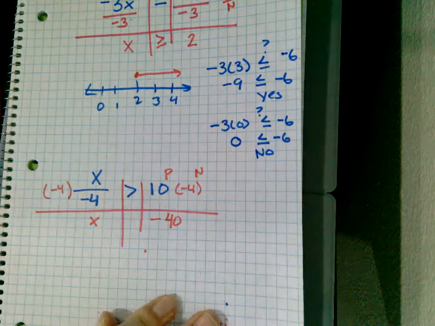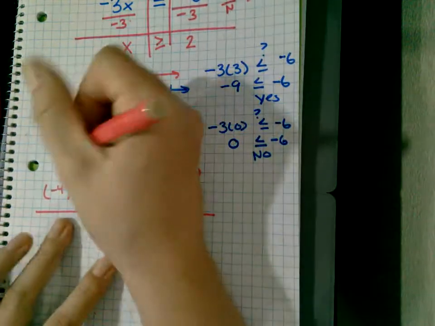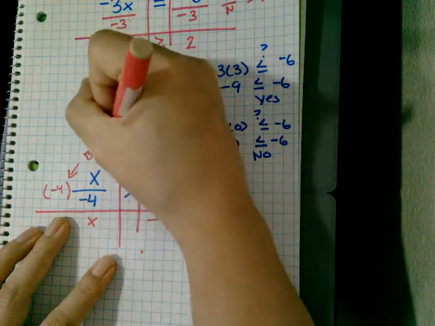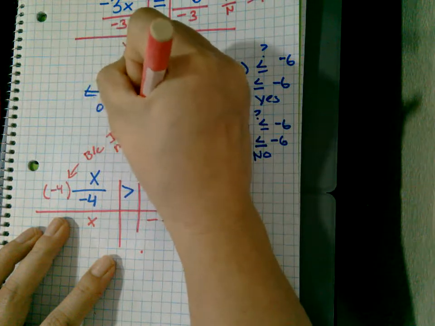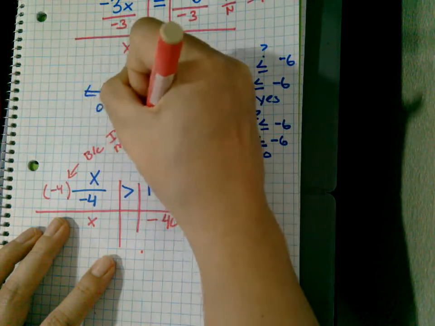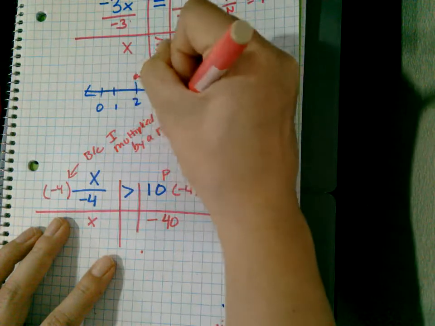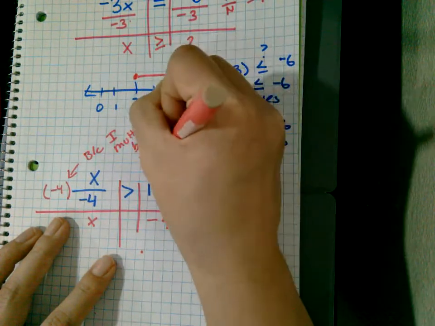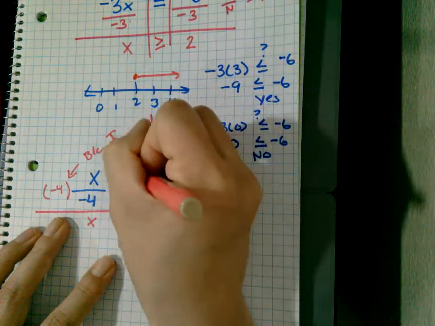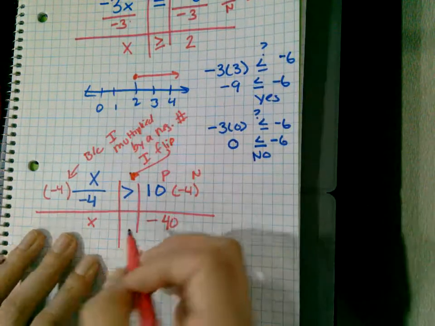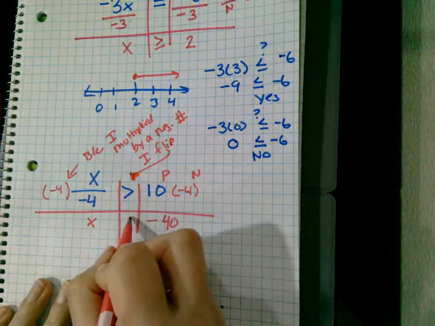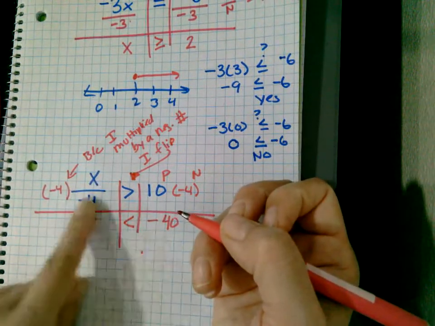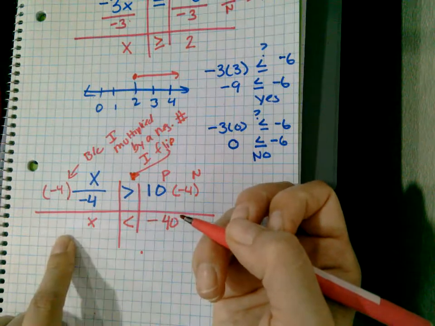Okay. Now, because I multiply by a negative number, I flip the inequality. Okay, you flip the inequality. So instead of saying greater than, I have to say less than. So all the numbers that are less than -40 will make this sentence true.